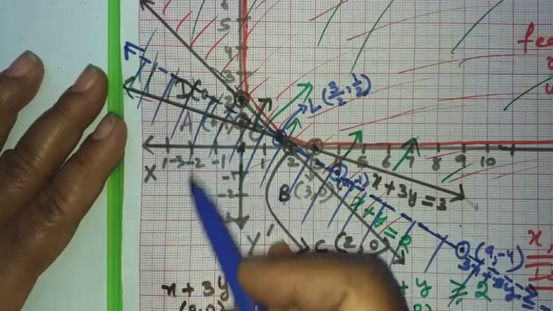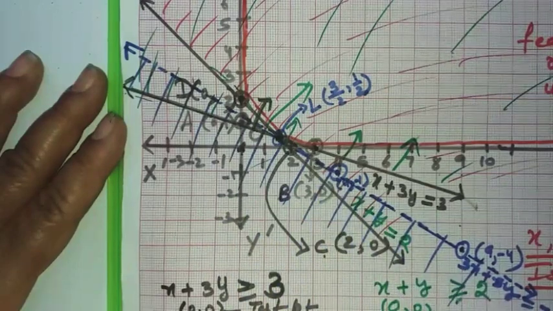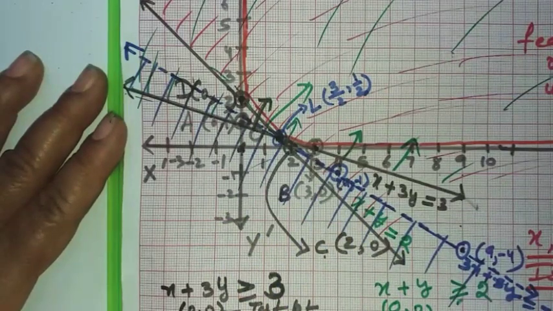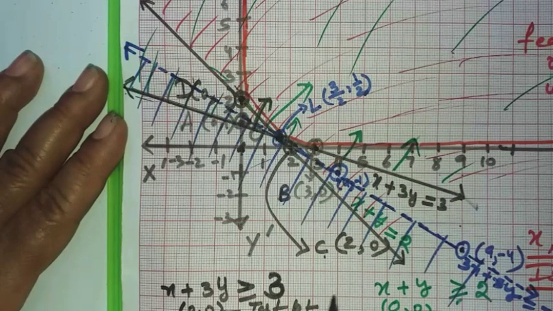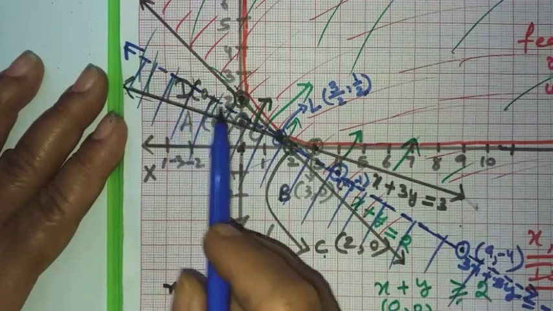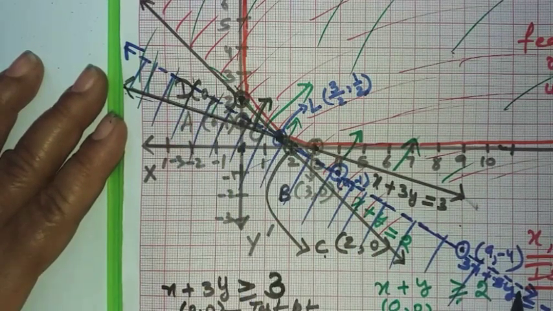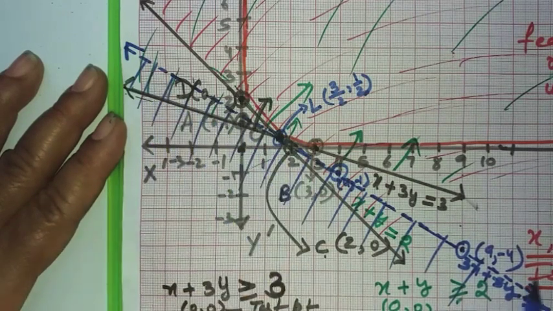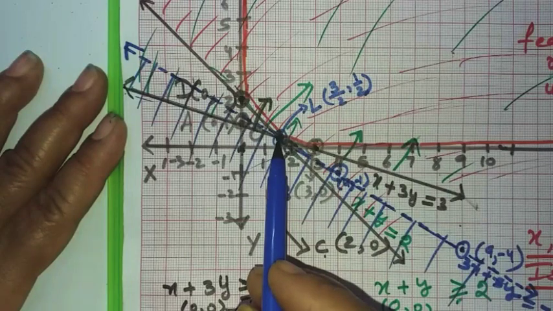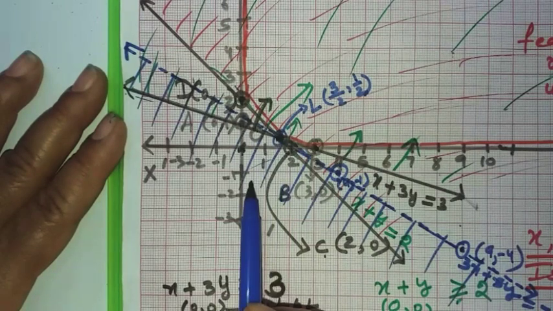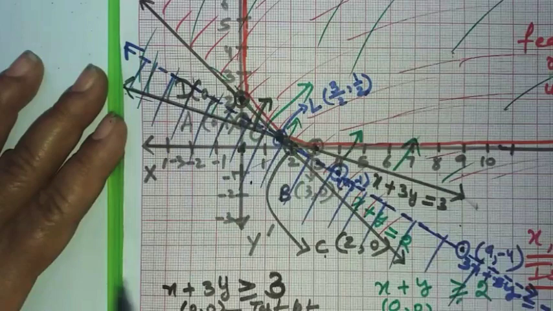Only the points lying below the line are included in this region. Is that clear? You already know that if the line is dotted, then no point of that line is included in the region. So this point is also on the line, so it is not included in the new region, although it was included in the previous region.